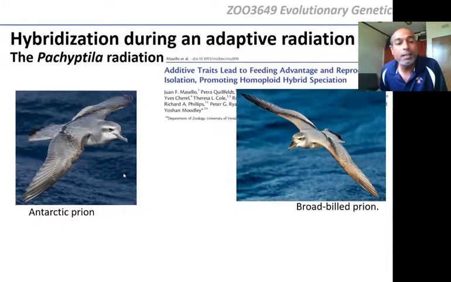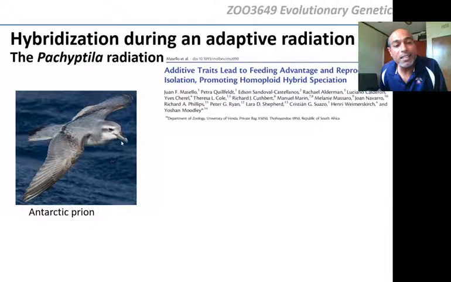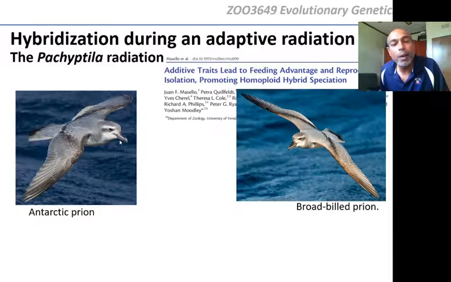Because it has a narrow beak, it can eat certain species of fish. Whereas this is the broad-billed prion. They're very closely related. They're both prions. They're both Pachyptilla. This is Pachyptilla desolata, and this is Pachyptilla vittata. So they both belong to the same genus, but they're different because look how broad the bill of the broad-billed prion is.